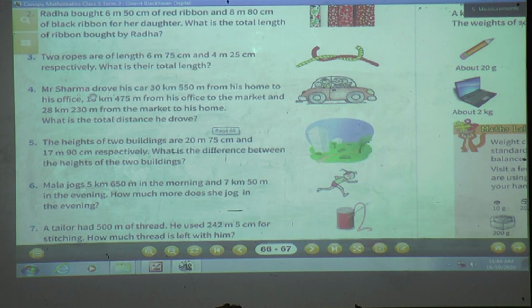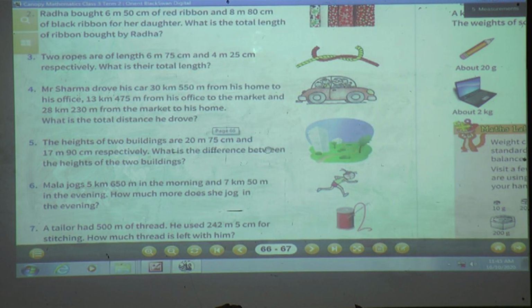Mr. Sharma drove his car 30 kilometer 550 meter from his home to his office. Then 13 kilometer 475 meter from his office to the market and 28 kilometer 230 meter from the market to his home. What is the total distance he drove?